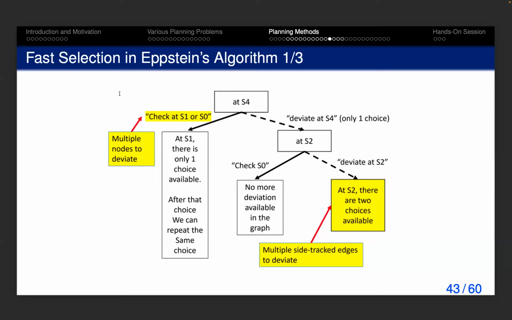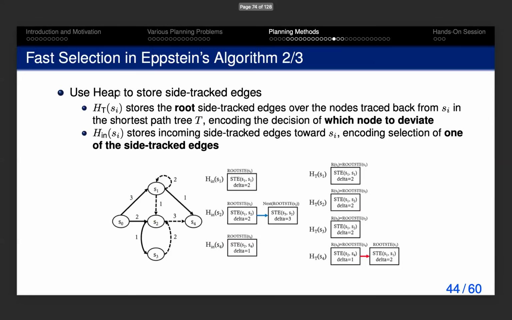So two things. The first one is that you have to look at nodes where to deviate on the K shortest path tree. And then after selecting a node to deviate, you have to choose which sidetrack edge to choose. So it's good to have them all sorted according to the deviation cost in the end. Eppstein's algorithm uses heaps to store all those items.